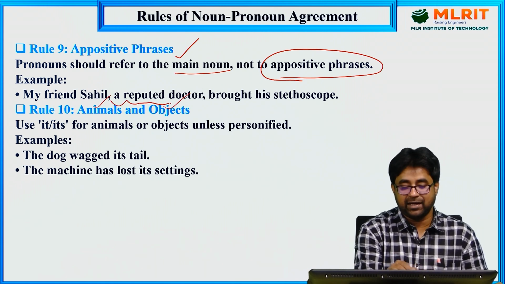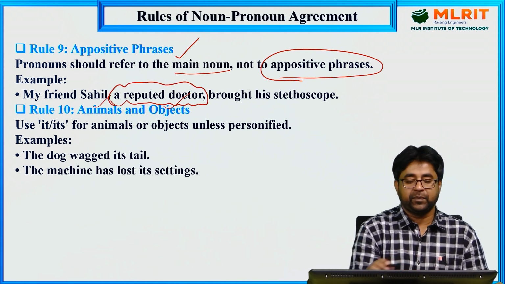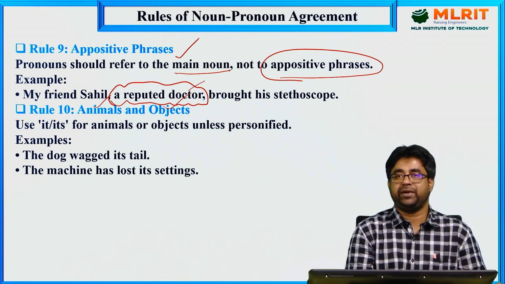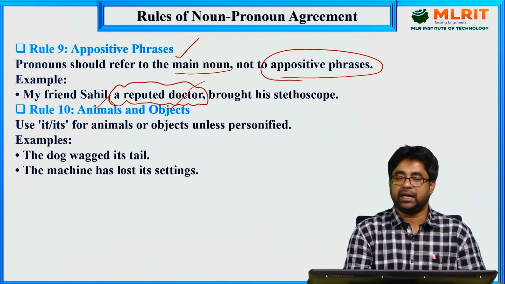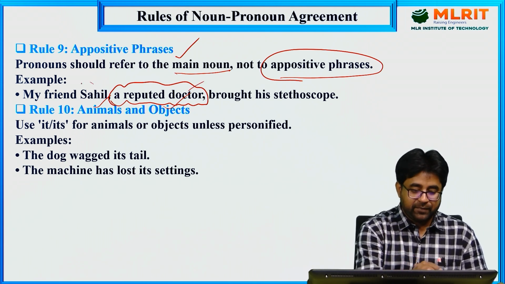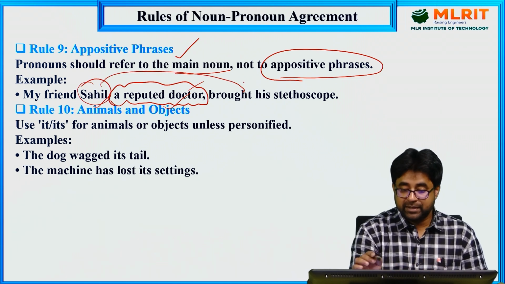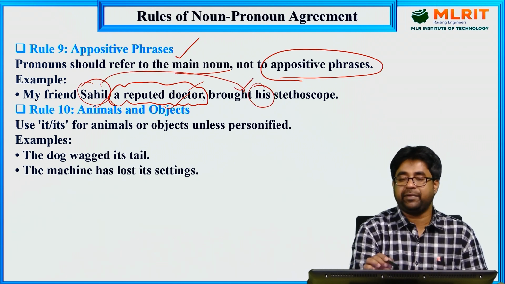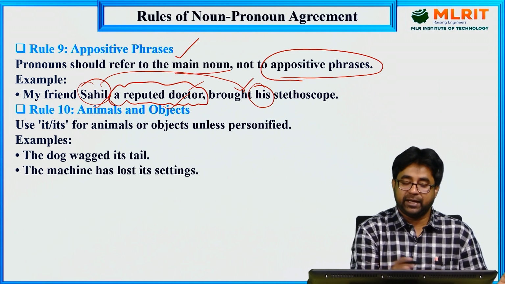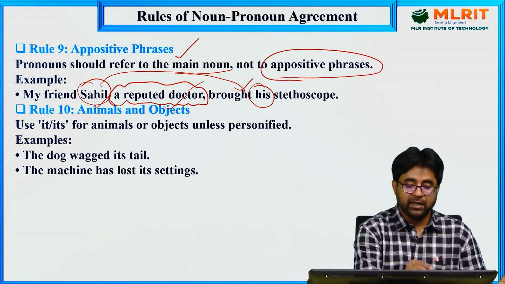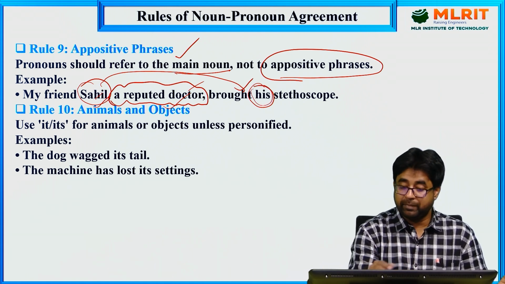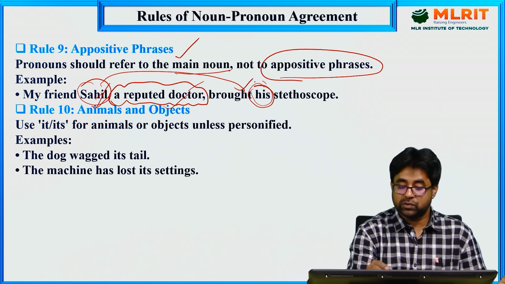Here, a reputed doctor is an appositive phrase. We should not be bothering about that. We have to just check the antecedent, the noun which this particular pronoun is referring to. And accordingly, they should match in terms of gender. Sahil is male, so male gender, and it is singular.